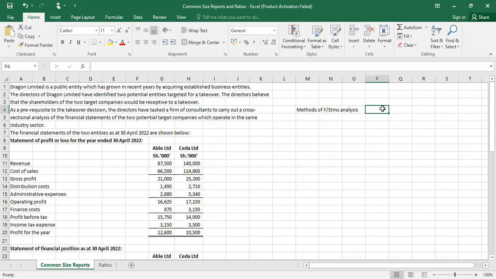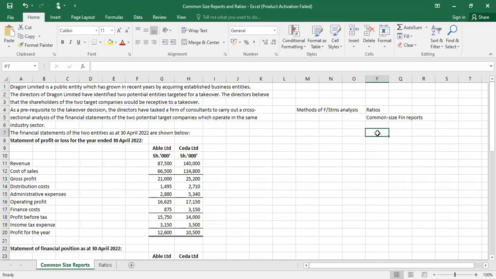If you want to analyze financial reports, and as an accountant, you have to know this, you can break down financial reports into number one, what we call ratios, and number 2, common size financial reports. The 2 are ways of analyzing, understanding in depth your general financial reports.